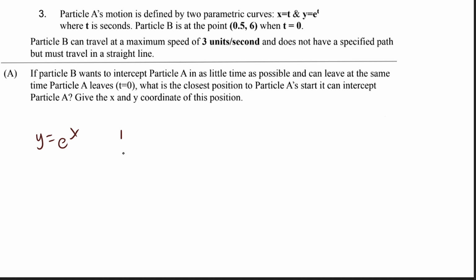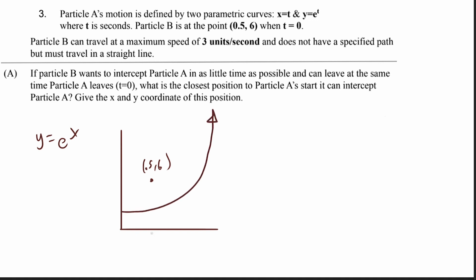So let's start a little simple and pretend point B is stationary, and we just want to see the distance between it, 0.5, 6, and the curve y equals e to the x as time increases, where remember, x equals time.